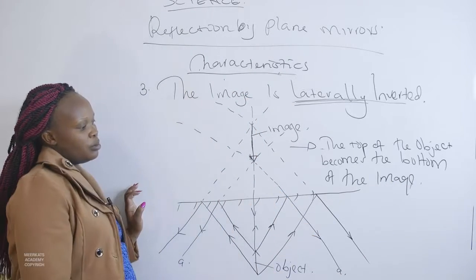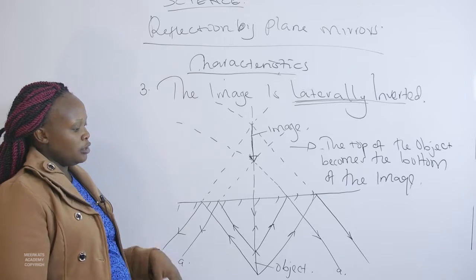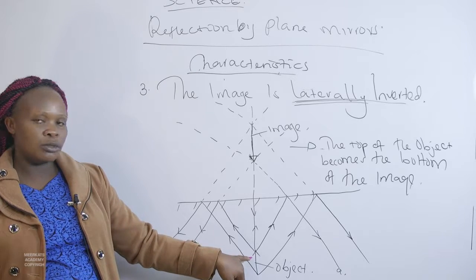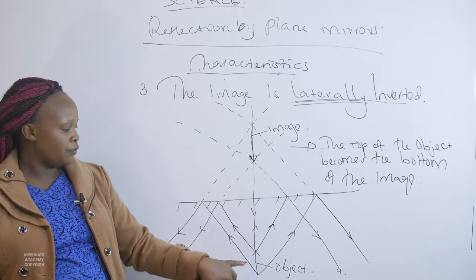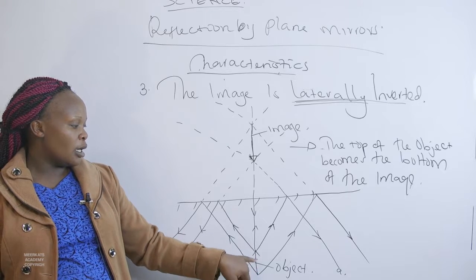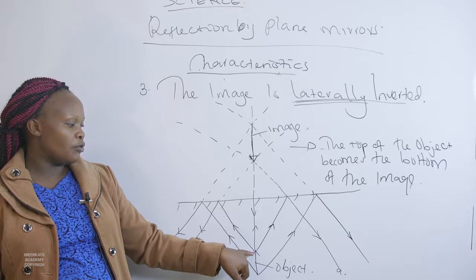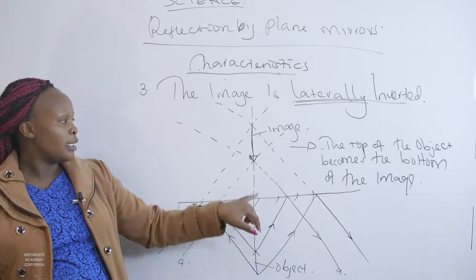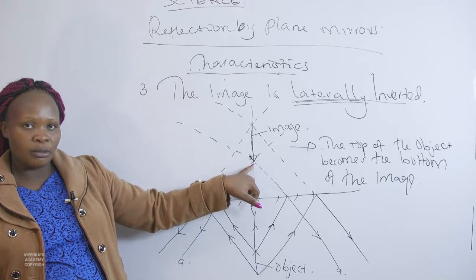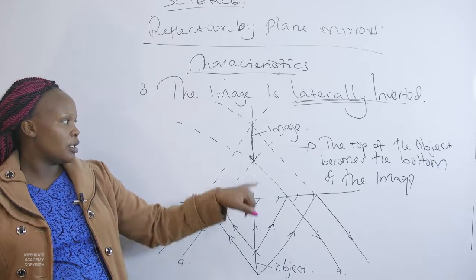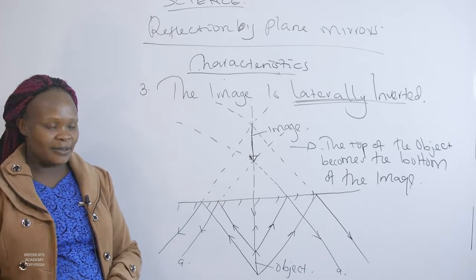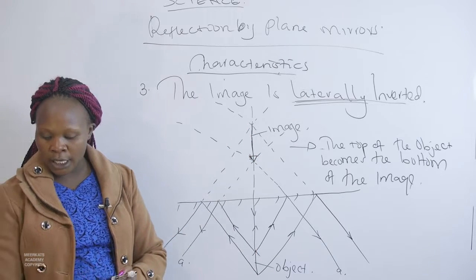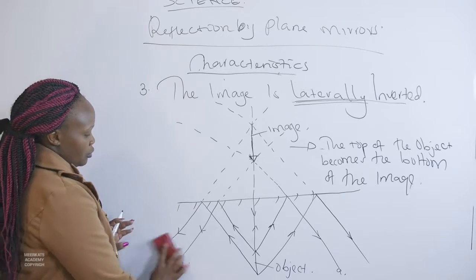That is what we mean by lateral inversion, that you had your object in form of an arrow. Now, the top of the object, the arrowhead, becomes the bottom of the image. The bottom becomes the top of the image. That is what we call lateral inversion.